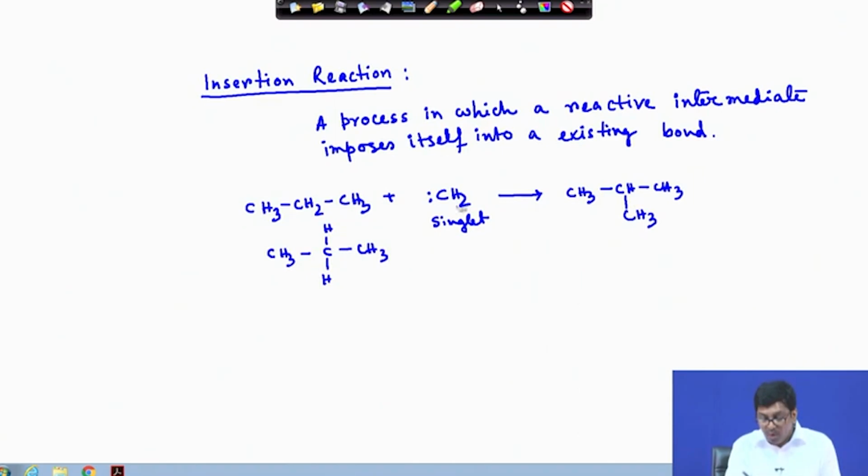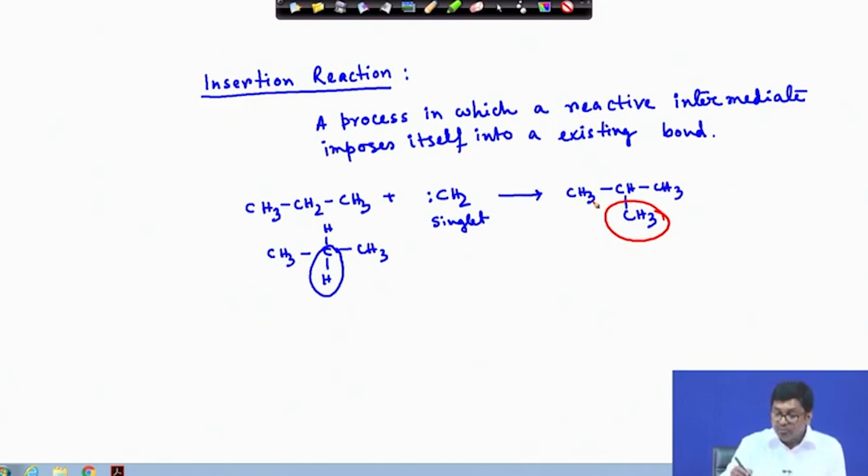One of these CH2 singlet has been inserted into this carbon hydrogen bond, and that gives you this CH3 group over here.